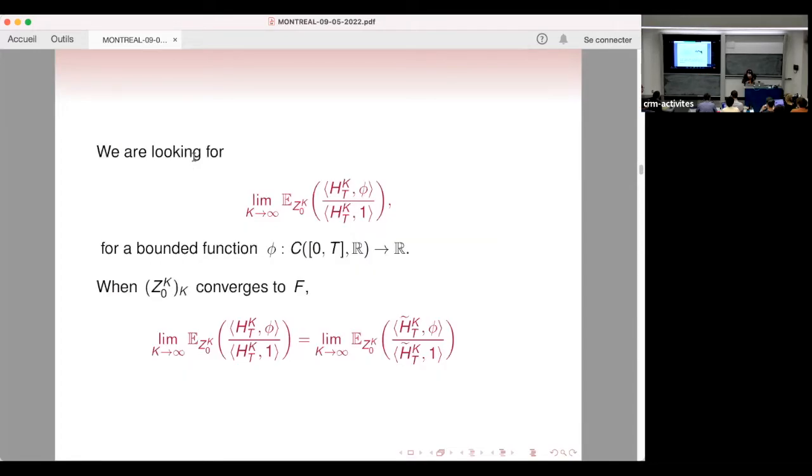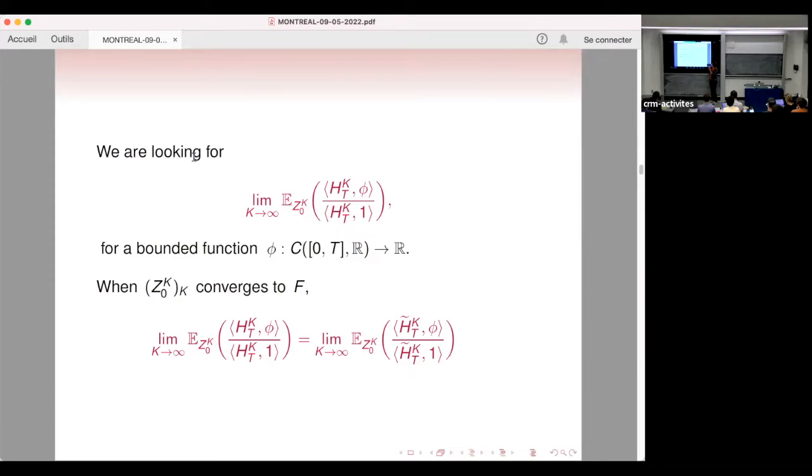So from the historical point of view, we are in a large approximation setting, so we will consider K tends to infinity. Our initial measure is Z^K_0, which describes the population process at time 0. And we will pick at random one individual at time capital T, and we consider the lineage of this individual.